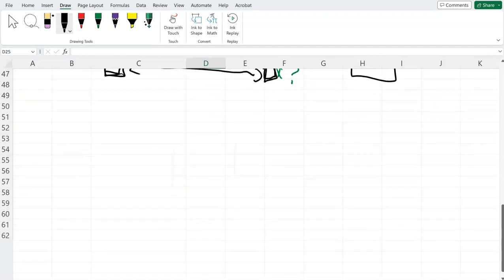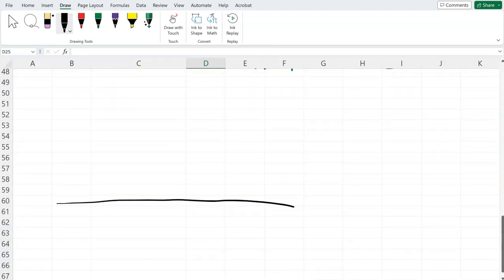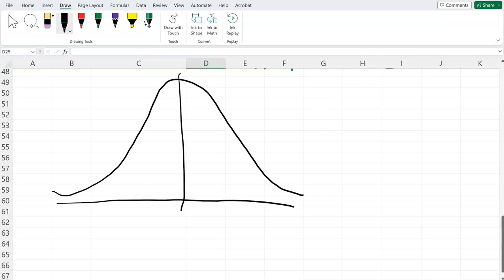If I am looking at a distribution, this is my null hypothesis, and I'm testing if mu equals 50, and the alternate is that mu has changed, so mu is not equal to 50.